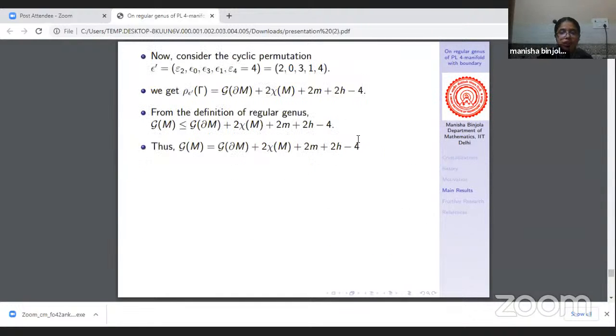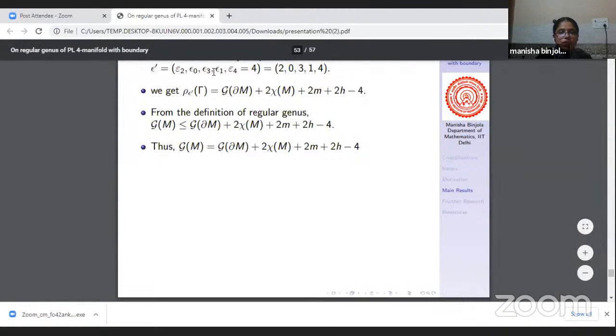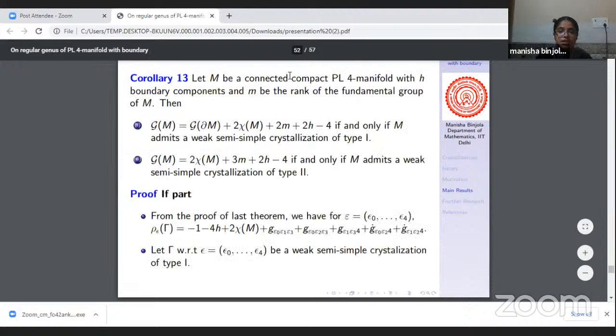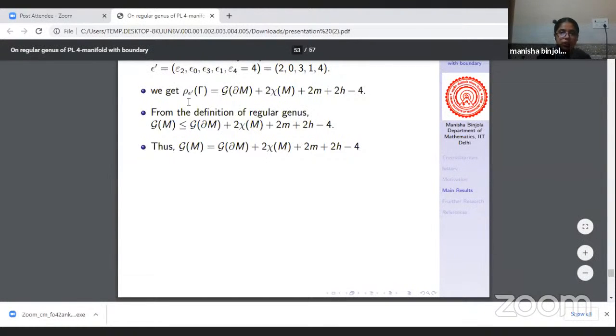Okay. So G012, when we change this permutation, so 012 becomes 023. Okay. And then this Z023 we can put here. So this equals M plus H. And using this thing, we get rho epsilon dash. Okay. Rho epsilon dash equals this thing.